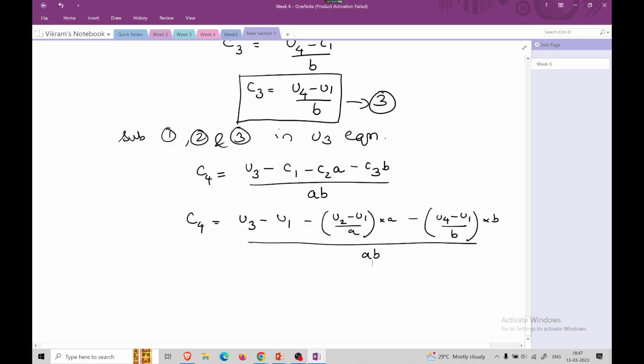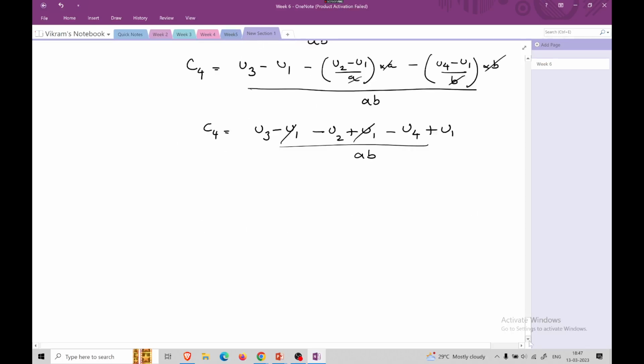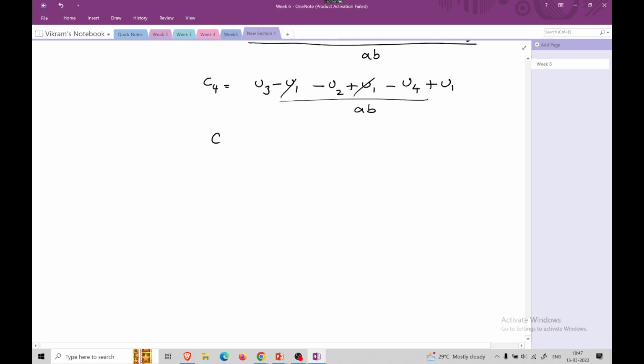So C4 is nothing but U3 minus U1 minus U2 plus U1 minus U4 plus U1. This thing will cancel, whole divided by AB. So C4 is U1 minus U2 plus U3 minus U4, the whole divided by AB.